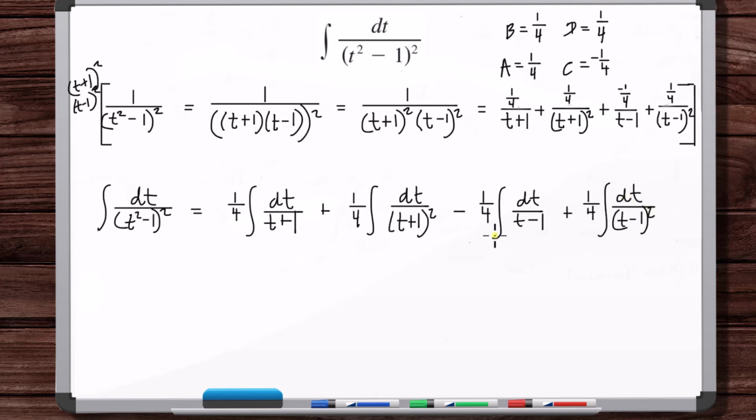Okay, now when it comes to these forms that we break any rational function into, anything that involves a linear factor, so the linear factor to the first, second, third, whatever power, you can integrate any one of those. If it's simple enough to do in your head, go ahead and do it. But if it's not, you can always use a u substitution.